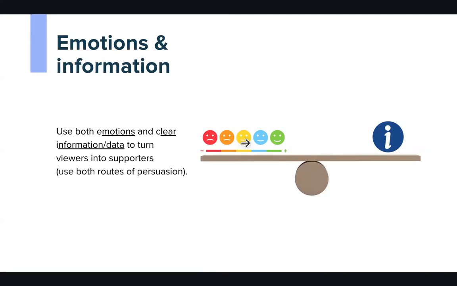There are two routes to persuasion. One deals more with emotions and how people feel about you, for example, as an expert. The other is really about the information you give them, rationally saying we need to do this, we're going to do this, and we're already good at it because we're doing it. You need to balance the emotions and the information in a video, not have an emotional appeal only.